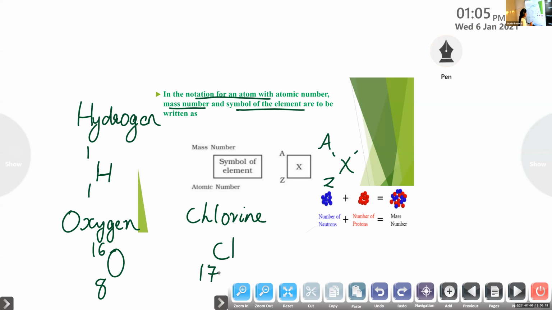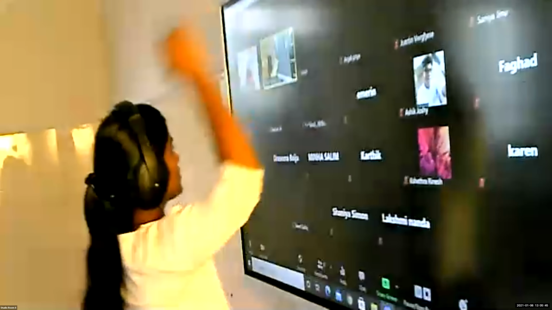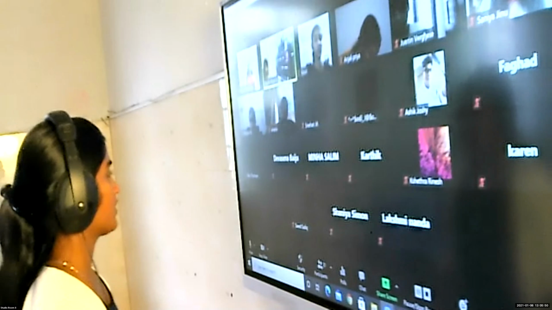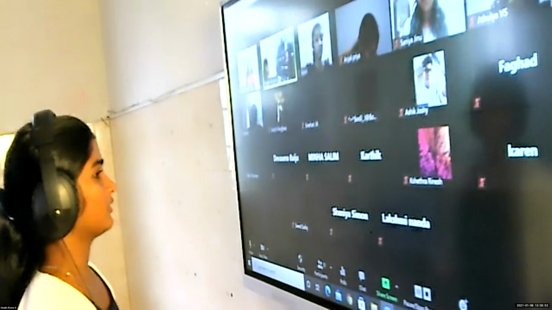Then mass number? 35. 35.5. Okay. So in this way we can represent an element with atomic number and mass number. Clear, everyone? Any doubt regarding the notation of atomic number, mass number and symbol of the element?